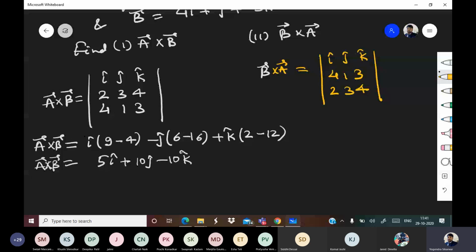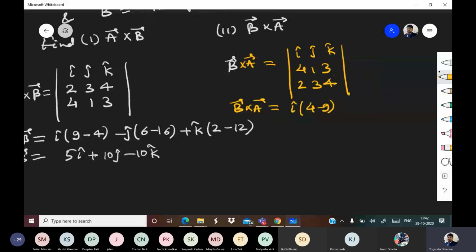So B cross A will be i (4 minus 9) minus j (16 minus 6) plus k (12 minus 2).